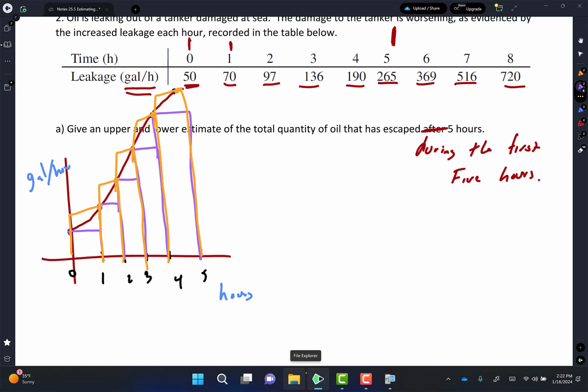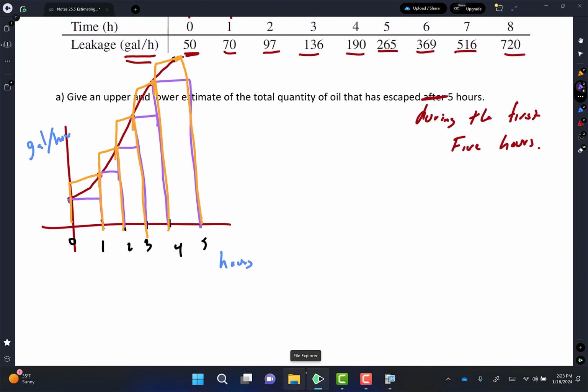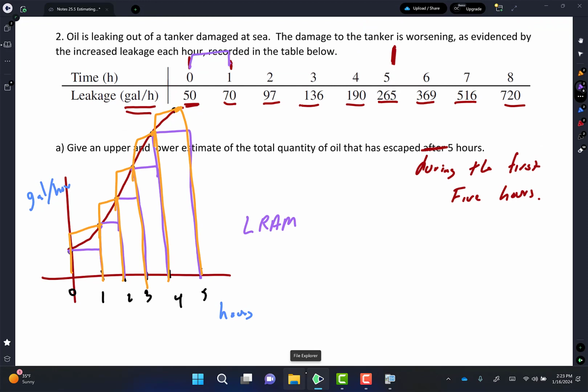All right, I'm going to keep my colors. So here we go. I'm going to go lower, or LRAM, my lower approximation. All of the rectangles have a width of 1 hour.